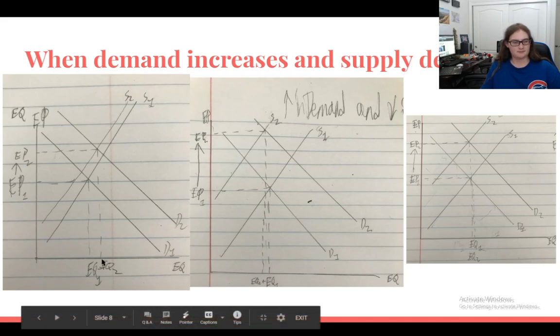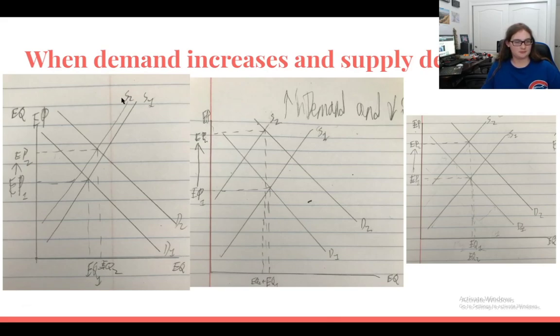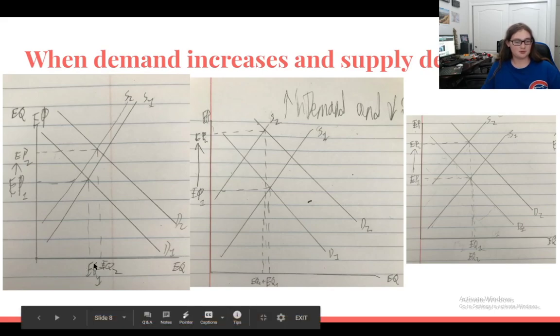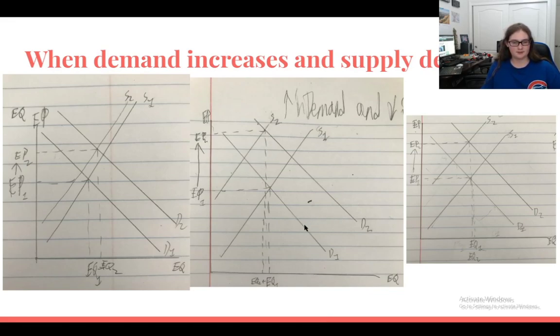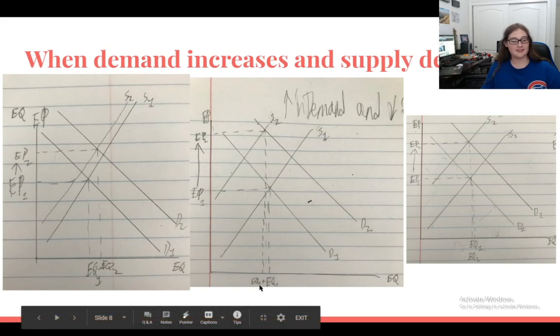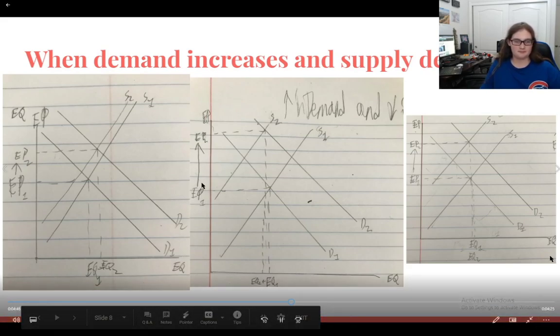On this one, you see how the change in supply is larger, so the equilibrium quantity decreased a little bit. On this one, the demand shifted by a lot, but the supply shifted by a lot more than on the previous graph. So the quantity actually decreased, and the price shot up again.